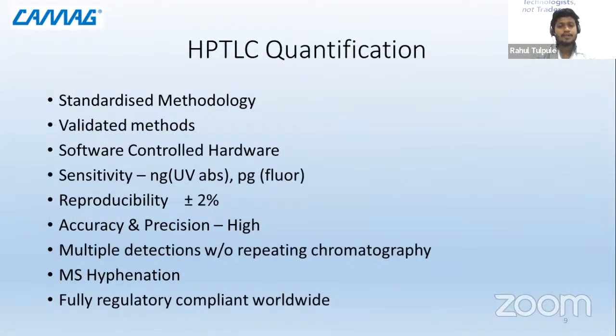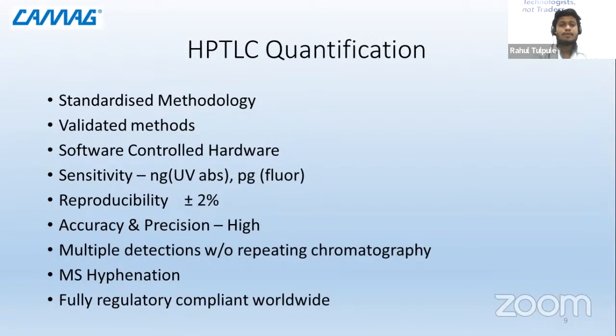HPTLC quantification. As I told you, the applicator can apply a known volume. A known volume is more important, because if you know the volume, you can identify the concentration of your known standards so that we can quantify the analysis.